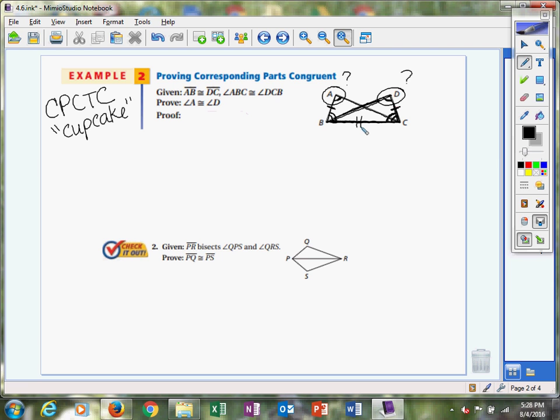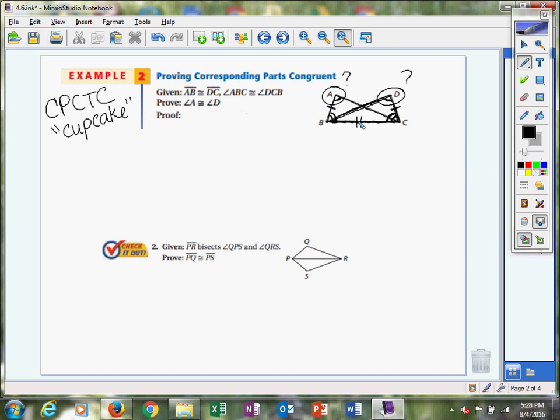So we could use side, angle, side. That's how we could prove that our triangles are congruent. Once they're congruent, then we can prove that A and D are congruent because of cupcake.